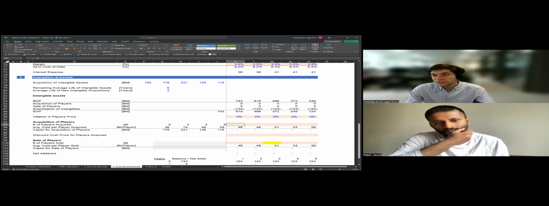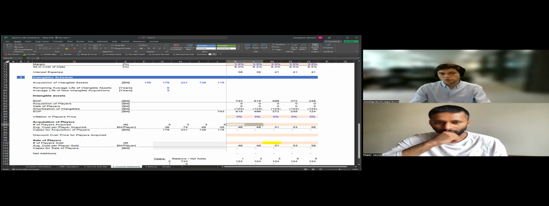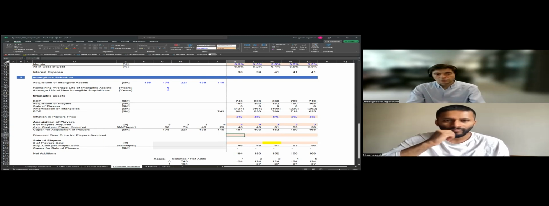The other thing that I will do is we're assuming there is large investment from the new shareholders at the beginning to get a good squad. So I'm going to assume we sign more players than what we sell. So that we hire 4 players, which is a bit more than the average for the first 2 years, and then we keep just hiring 3 players.